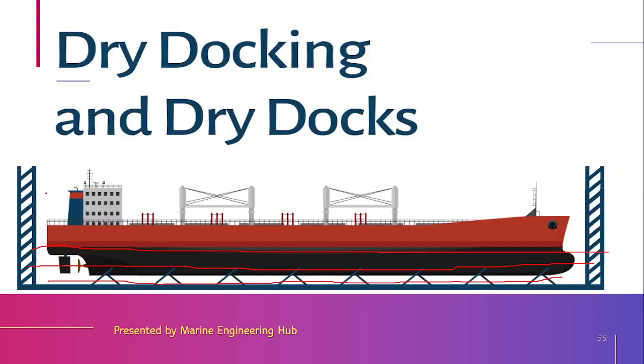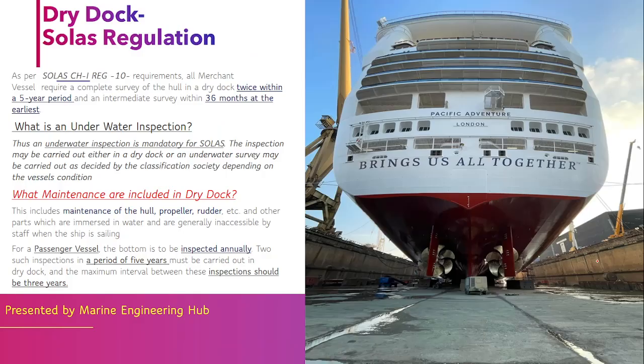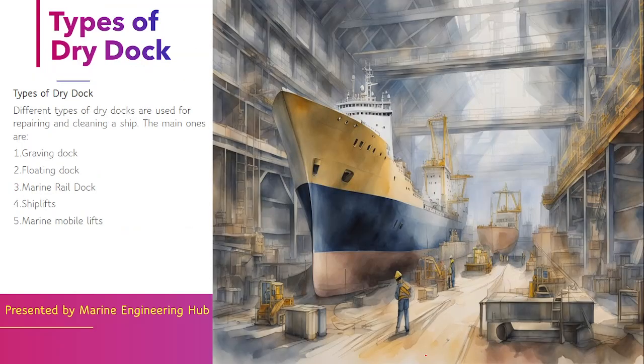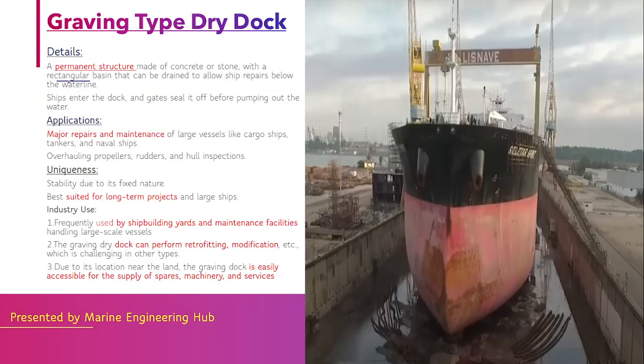If the wall is made in a rectangular shape and it is permanent in structure, like here you can see, it is permanent and rectangular. So this type of dock is called a graving type of dock.